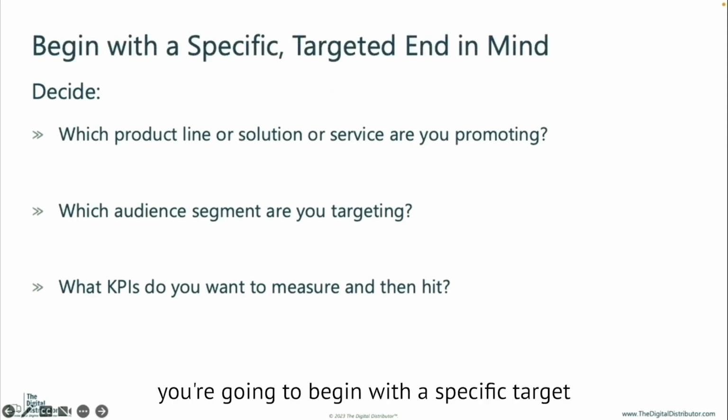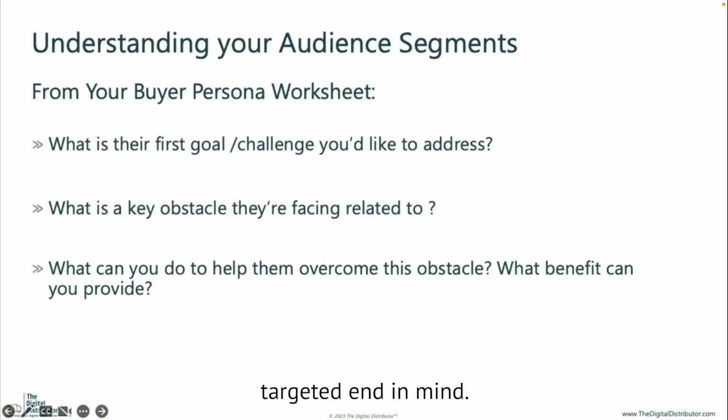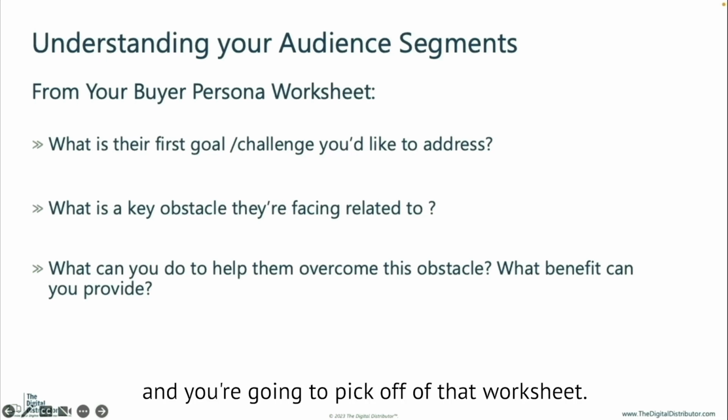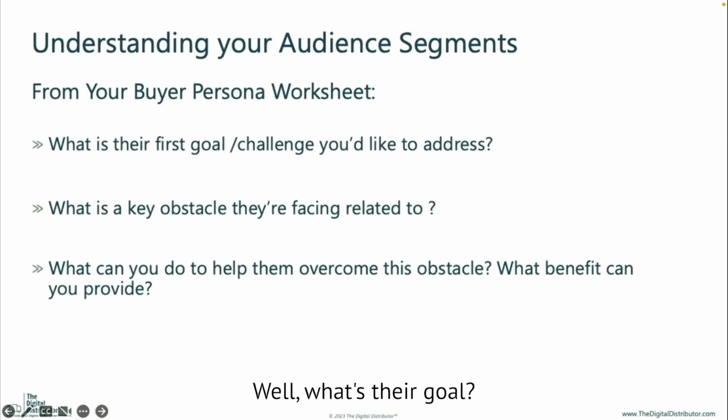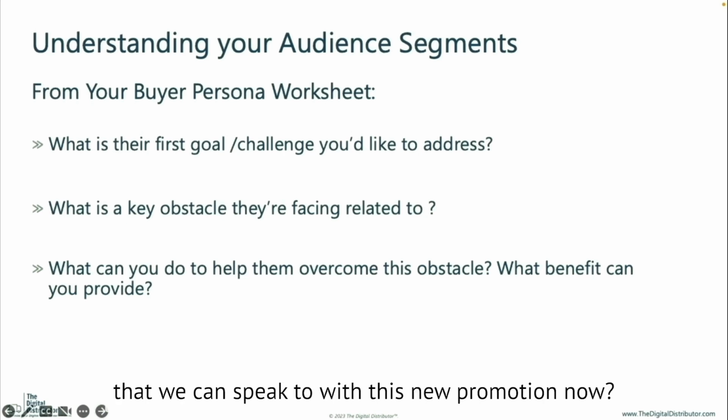And again, you're going to begin with a specific targeted end in mind. You're going to go to your buyer persona worksheet and you're going to pick off of that worksheet, well, what's their goal? What's their challenge? What's a key obstacle that we can speak to with this new promotion now?